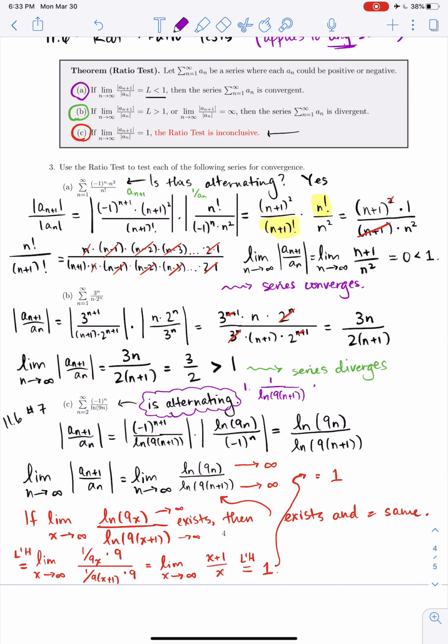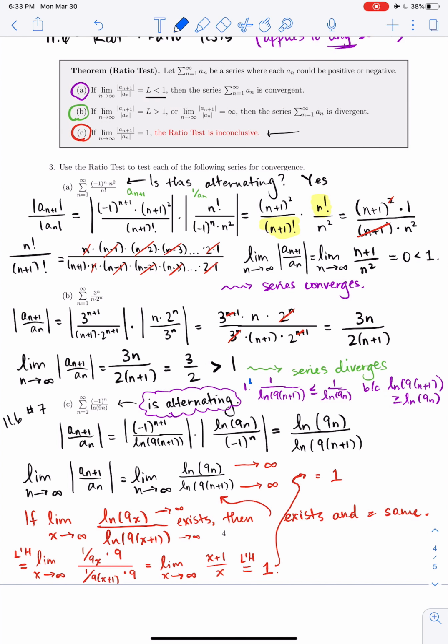So this term is smaller than natural log of 9n. Why is that? That's because natural log is an increasing function, which means that if you plug in something big, the output is larger than if you plug in something smaller. Okay, good. So that checks out.